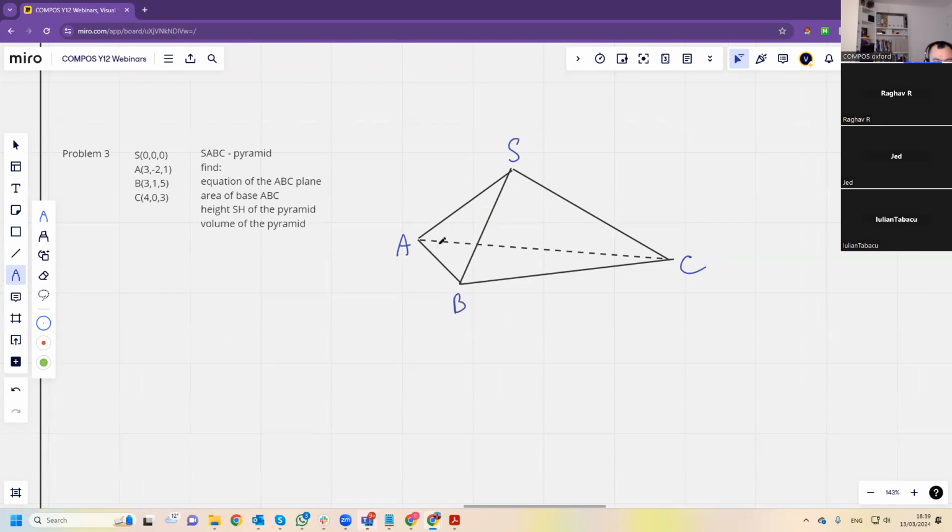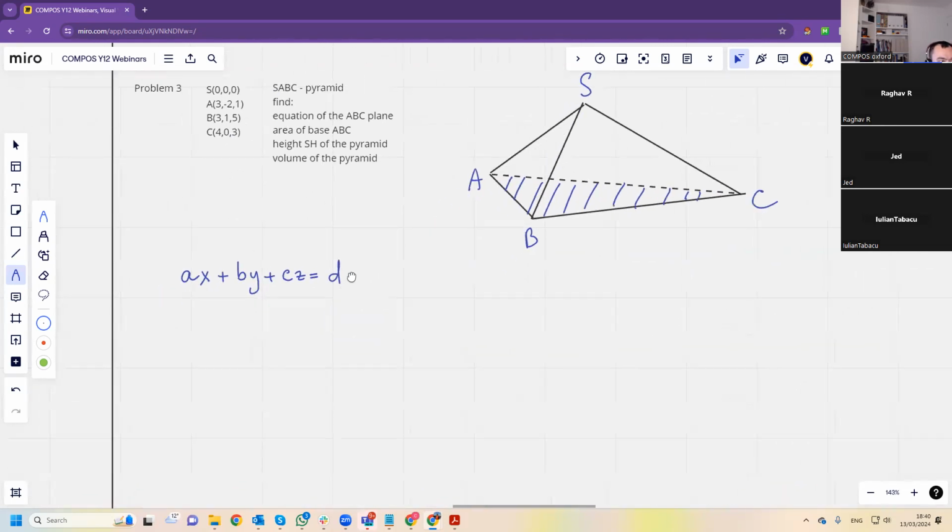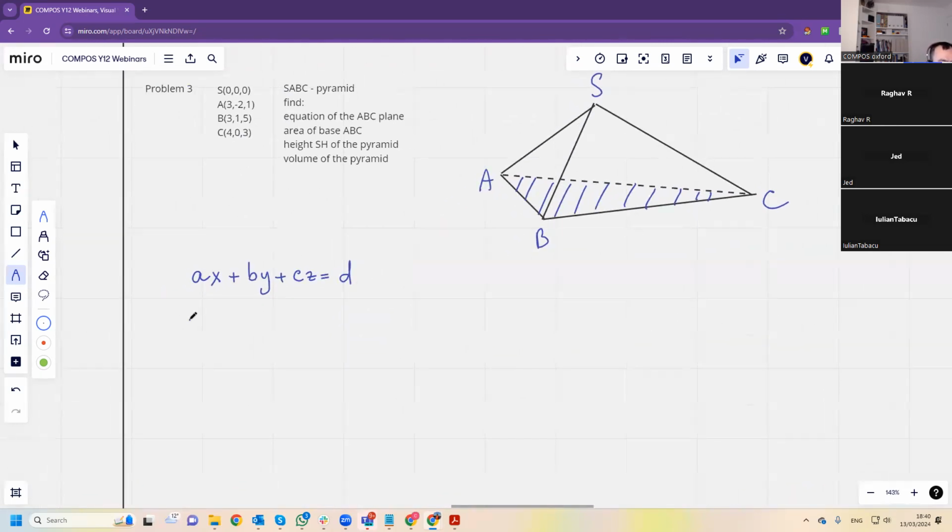Find the equation of ABC. So this is a plane ABC, and it has equation. Okay, well, let's do it straightforward: ax plus by plus cz equals d. Then you sub all the 3 points.